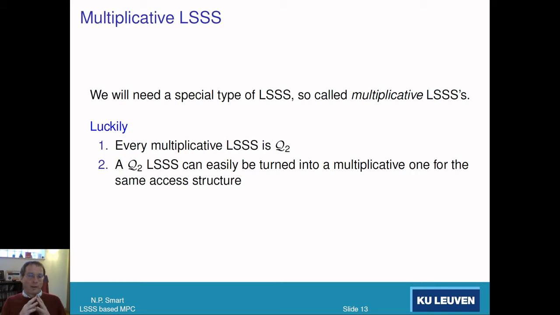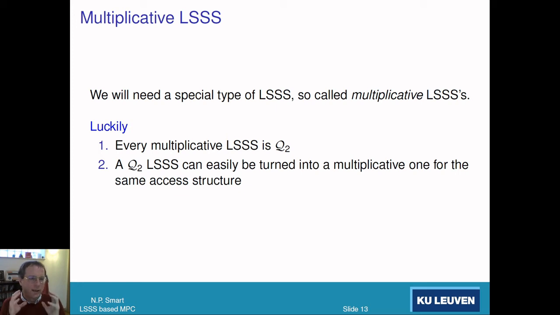Okay, but we need a special type of linear secret sharing scheme, and that's what's called a multiplicative linear secret sharing scheme. Now, luckily, every multiplicative linear secret sharing scheme is Q2, okay? And if we had a Q2 linear secret sharing scheme which wasn't multiplicative, we can actually turn it into a multiplicative secret sharing scheme relatively easily for the same access structure.